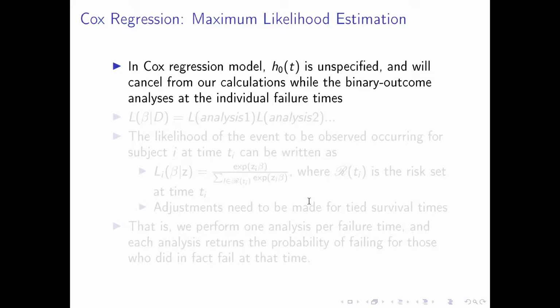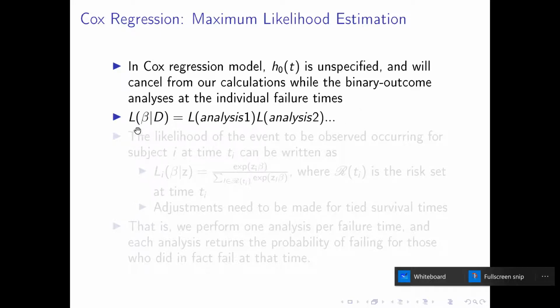Next question is how to estimate the model. Note that in the Cox regression model, the baseline hazard h0 of t is unspecified, and will cancel from our calculations while doing the binary outcome analysis at the individual failure times. The technical details are not provided here. But in general, the likelihood function of Cox regression can be decomposed into separate individual likelihoods.